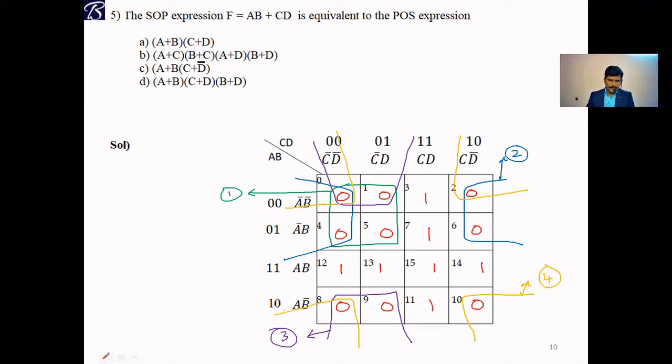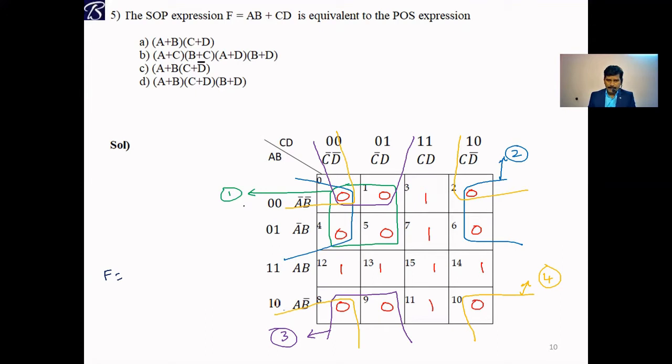Now try to write the expression. Here you are writing the POS expression considering zeros. So what is the max term? This 0 indicates uncomplement and 1 indicates complement.